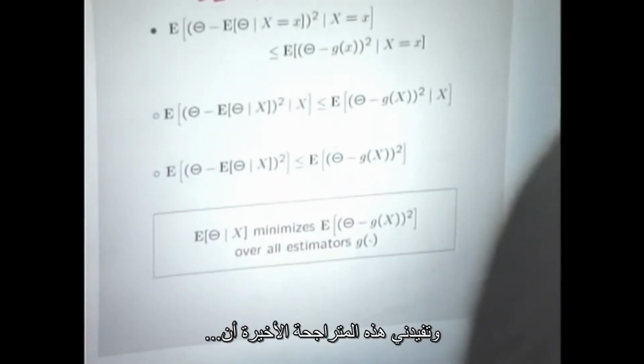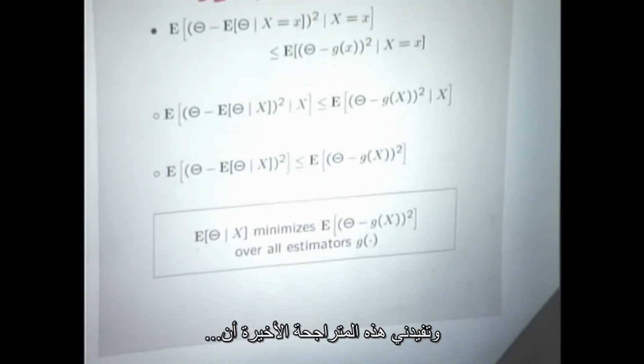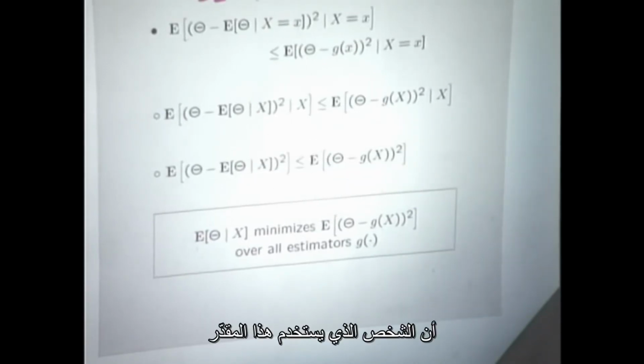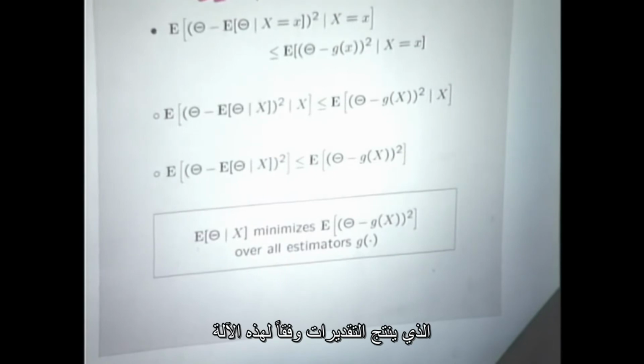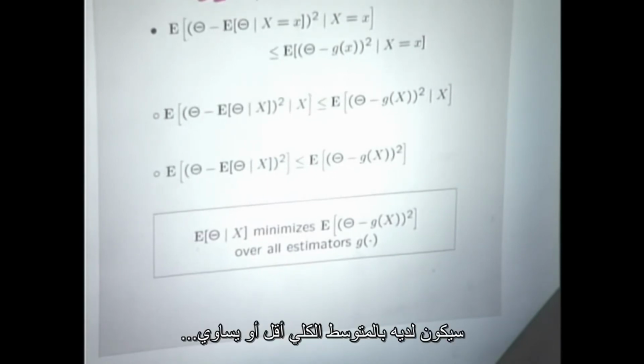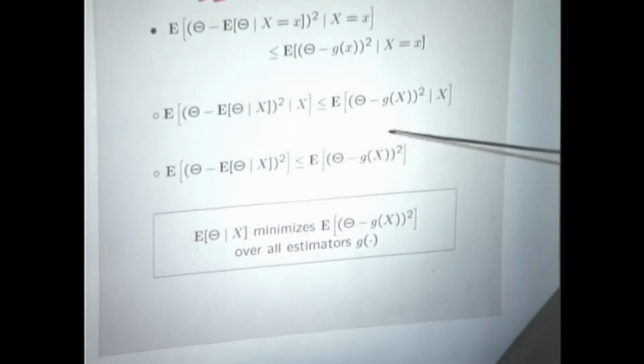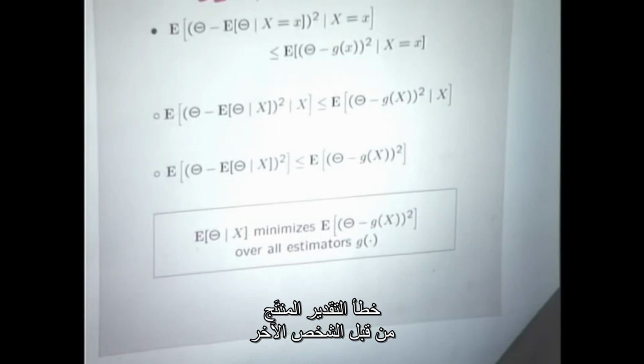And this last inequality tells me that the person who's using this estimator, who produces estimates according to this machine, is going to have, on the average overall, a mean squared estimation error that's less than or equal to the estimation error produced by the other person.